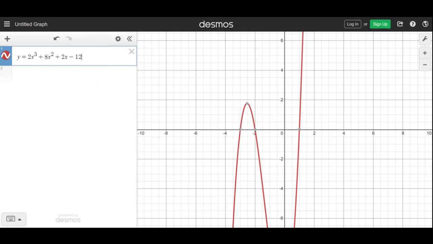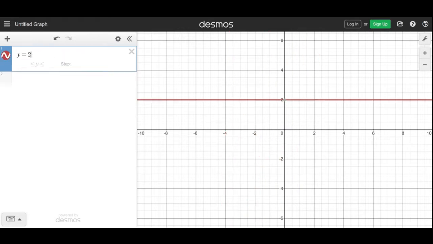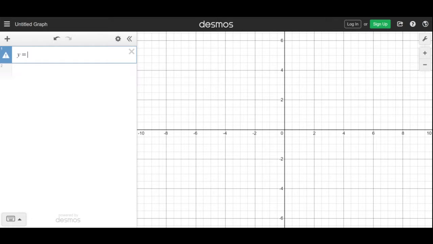So it means multiplicity of 1. So let's try with multiplicity of 3 and 2. Let's try that one, another example.